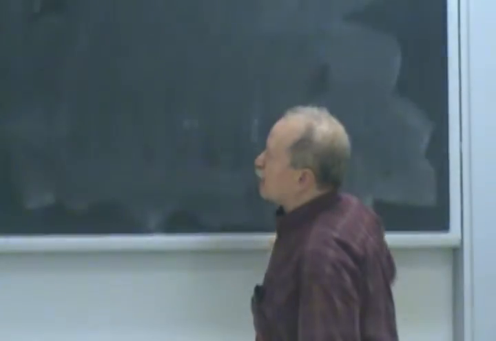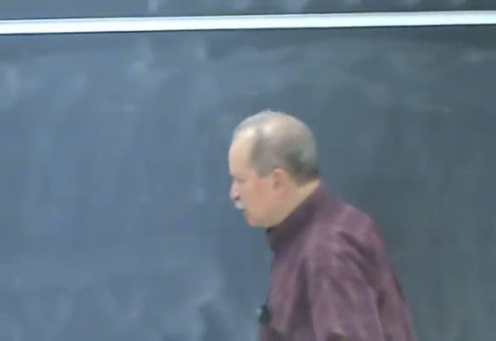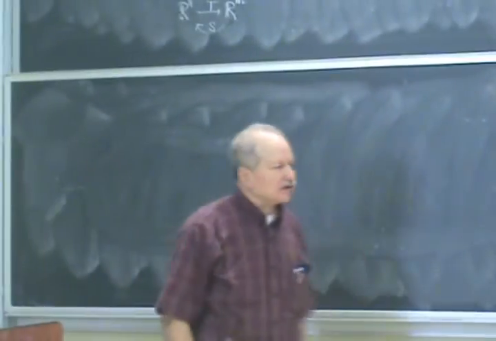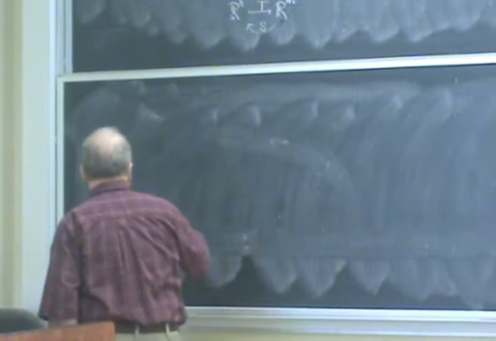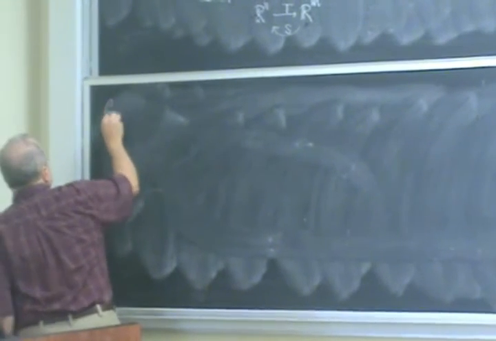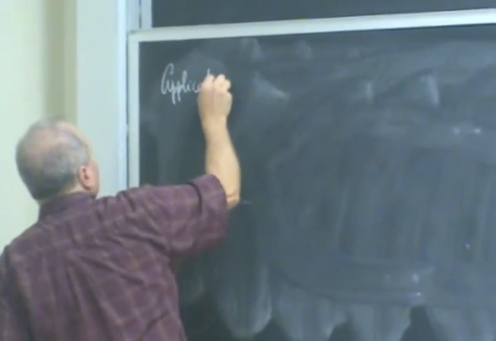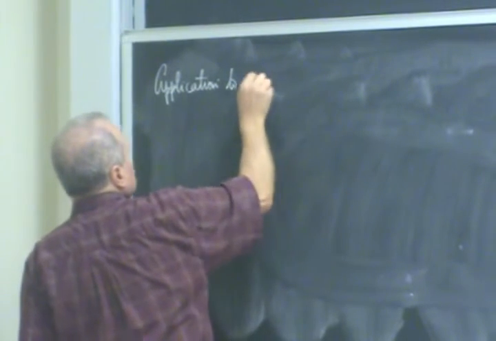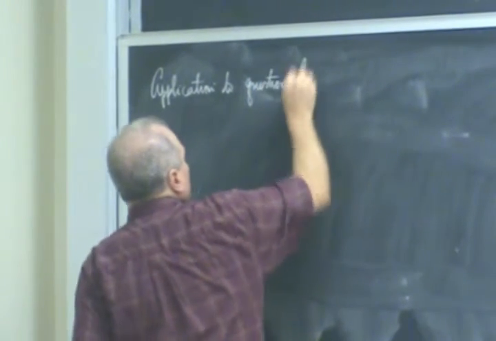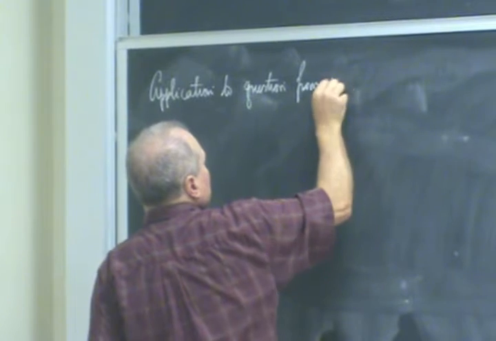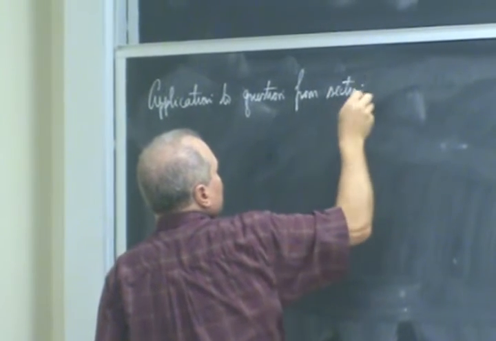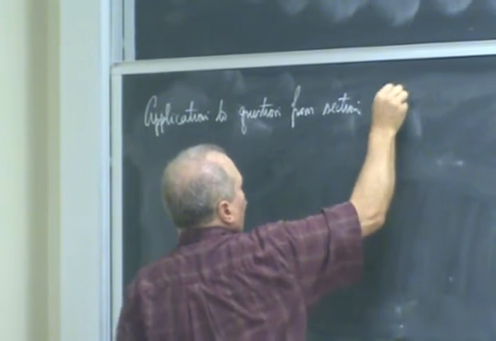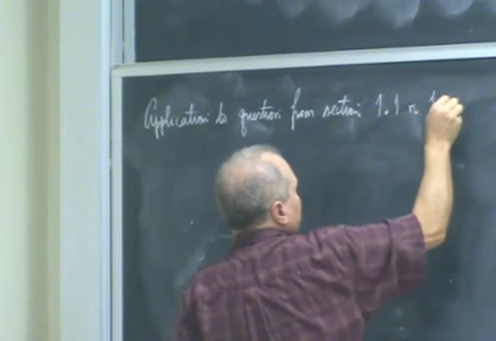So I want to give you an application of the invertibility for 2 by 2 matrices. So here's an application to a question from section 1.1 or 1.3 or something.